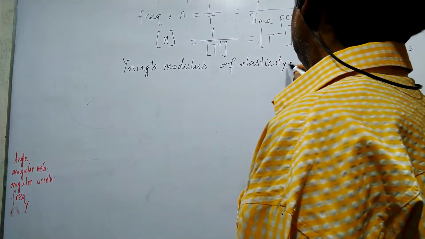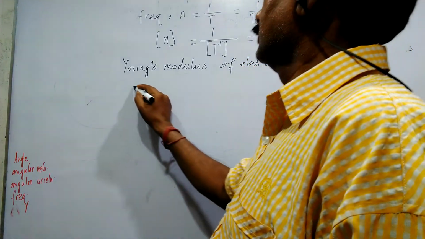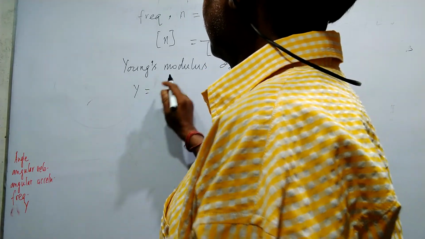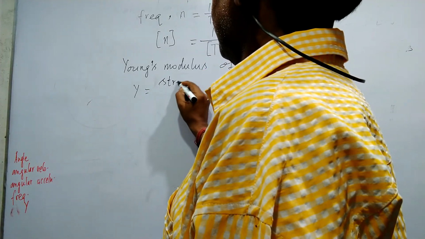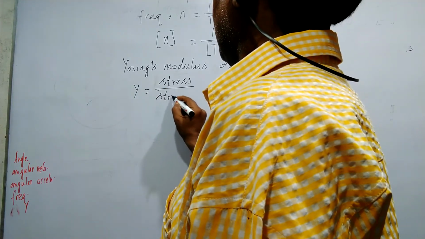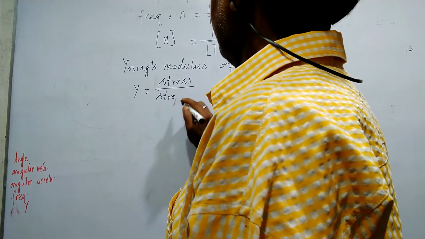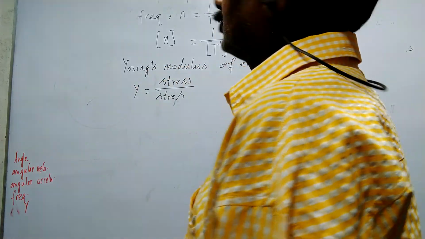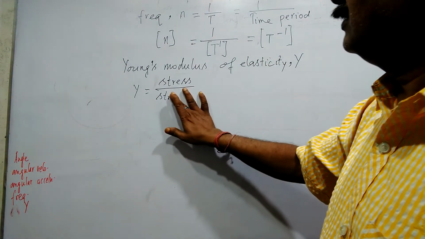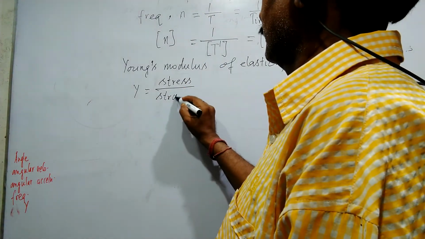This is denoted by Y. Then Y is the longitudinal stress upon strain. The coefficient of Young's modulus of elasticity is the ratio of stress and strain.